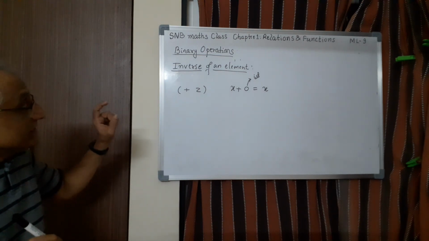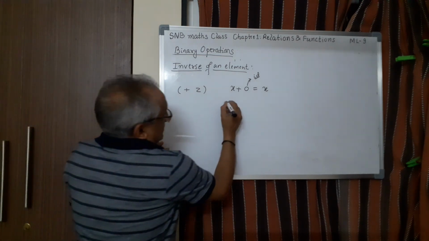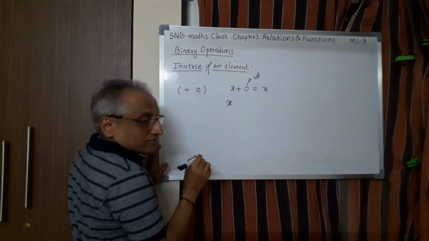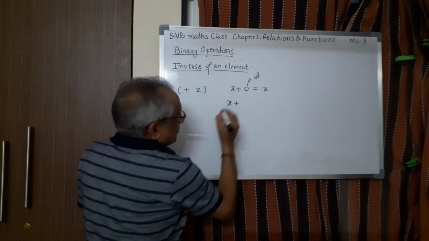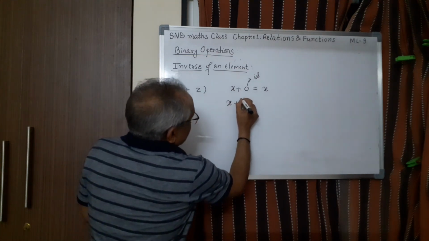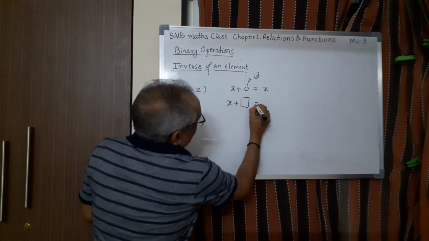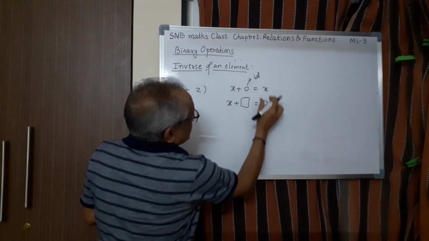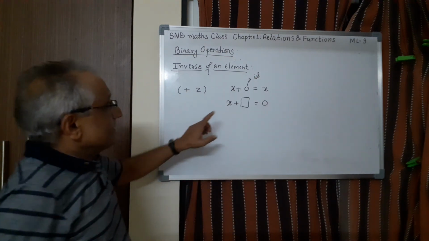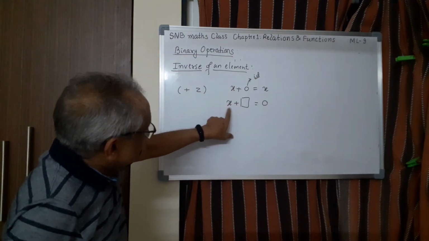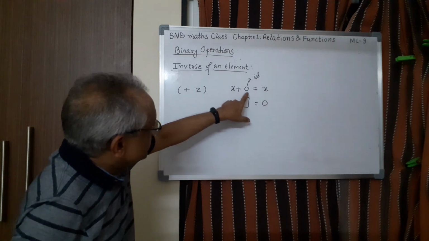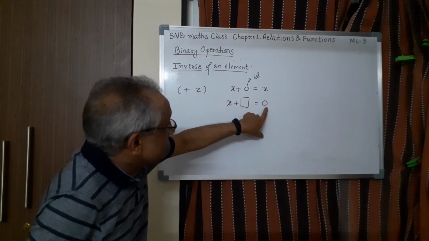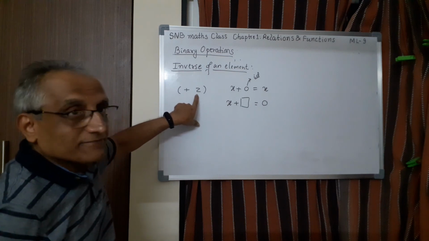Now, inverse means actually any element x you take, perform the operation with this element. Let us say some element here. What you should get is the corresponding identity element here. That means you take two elements such that when you operate them, you should get the identity element of this set.